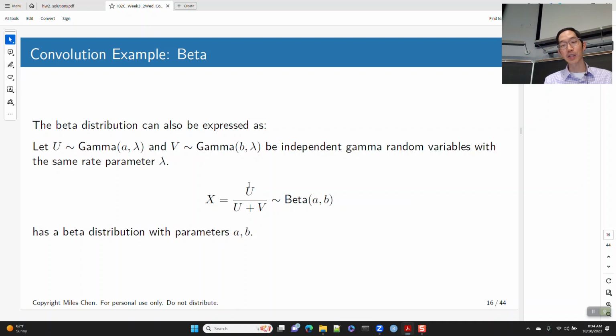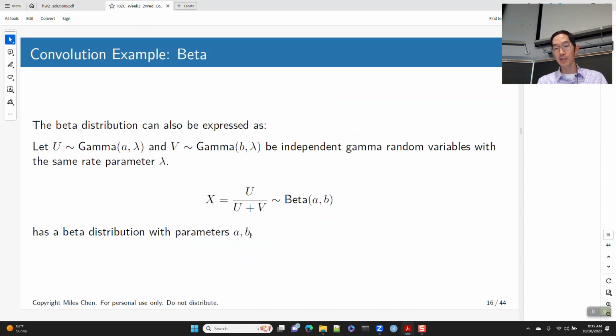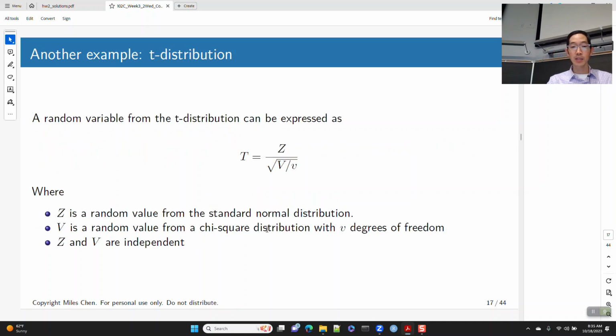So you're going to generate a gamma U, and that becomes the numerator, and then it's one of the values in the denominator, U plus V. And that will also be a beta distribution. That just makes sense if you think about how we are doing it over here. It's very similar over here.